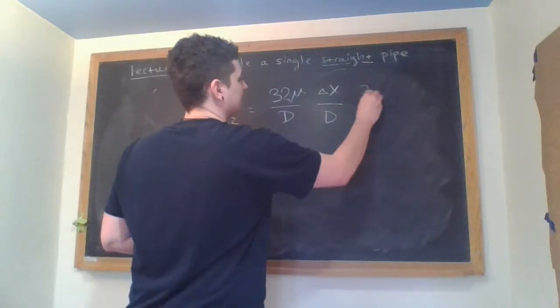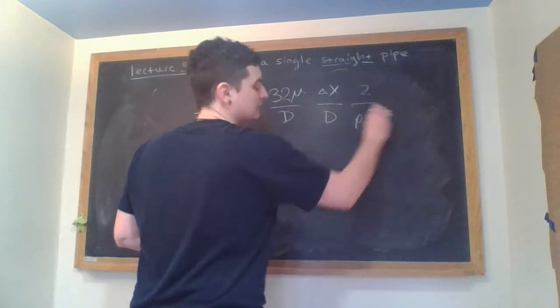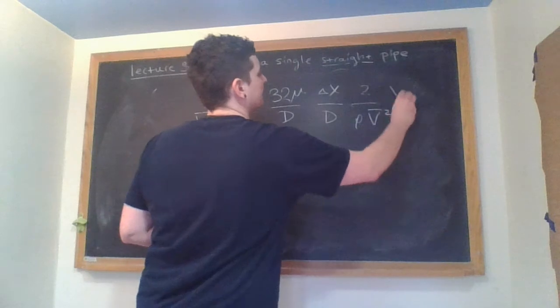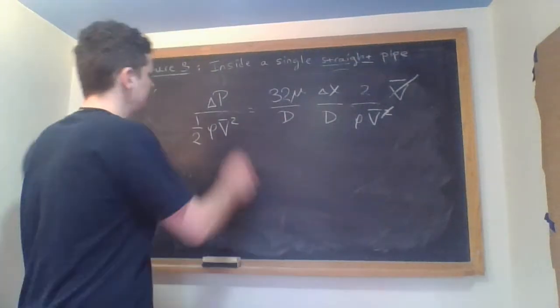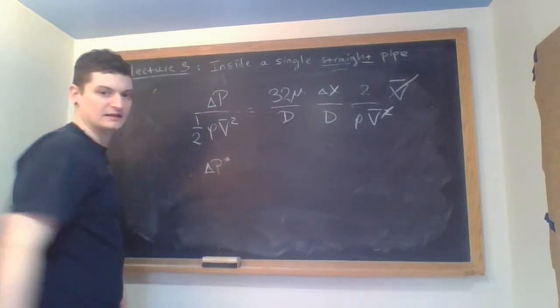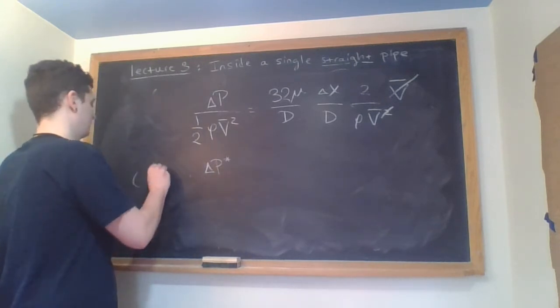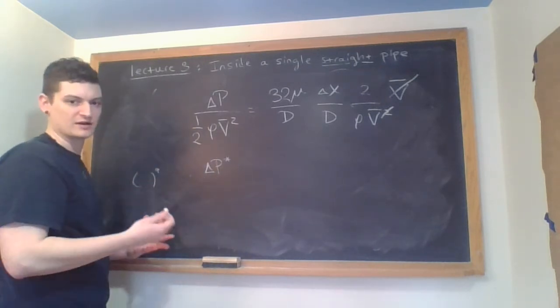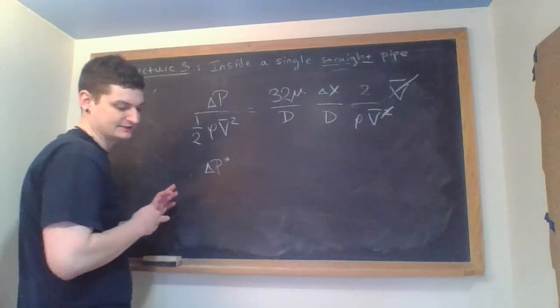Don't worry about that. I'm writing this upside down. And then I had a D prime up top. One of those cancels with one of those. This is, star notation usually means a non-dimensional quantity. So any quantity with a star is a non-dimensional quantity. So I might do that a couple times throughout the class. Just remember that's what it is.